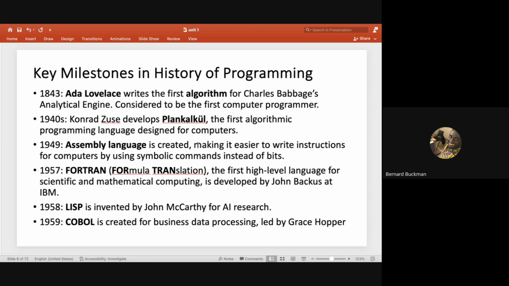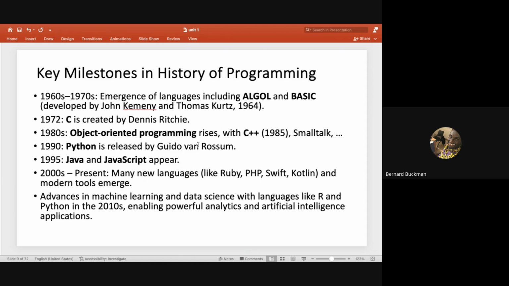It was built by John Backus for IBM computers. Then Lisp was built to do AI, and COBOL was also developed around 1959. ALGOL and BASIC were built to simplify, and came around the 1960s and 1970s.